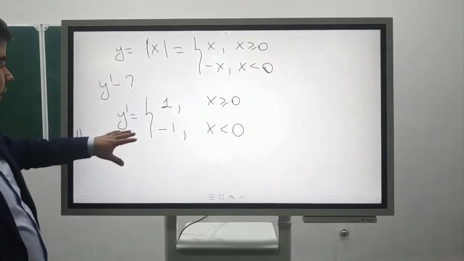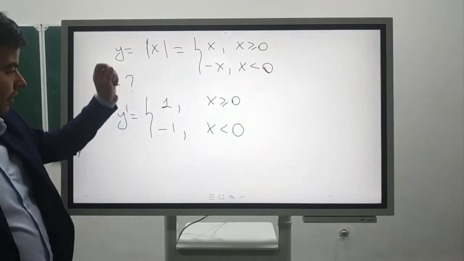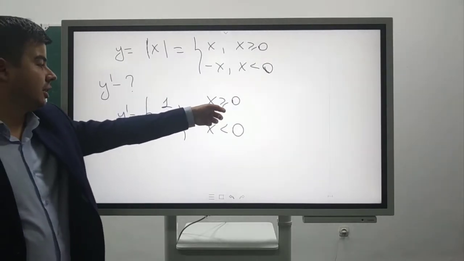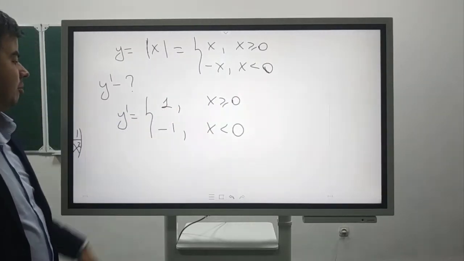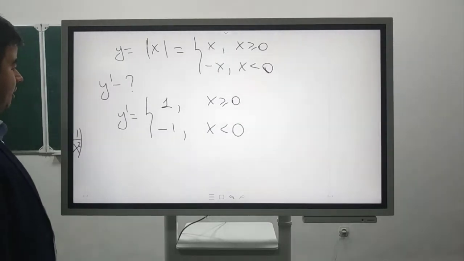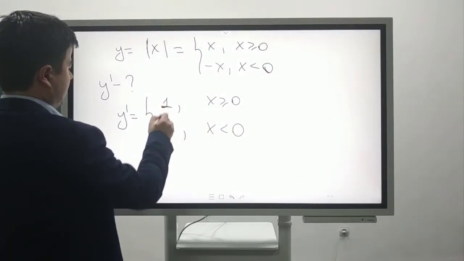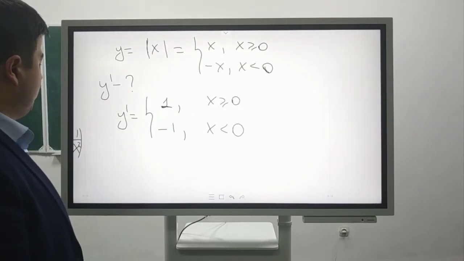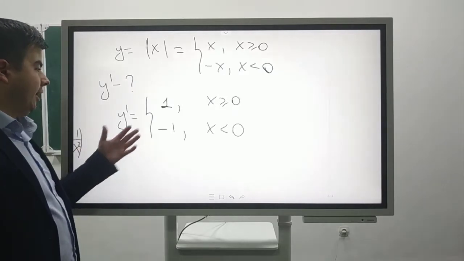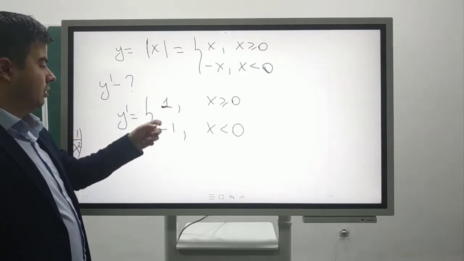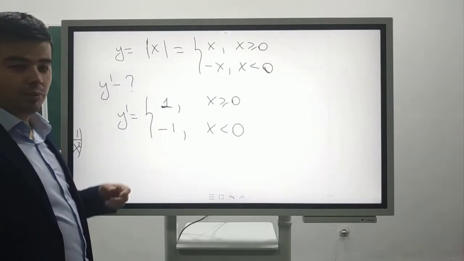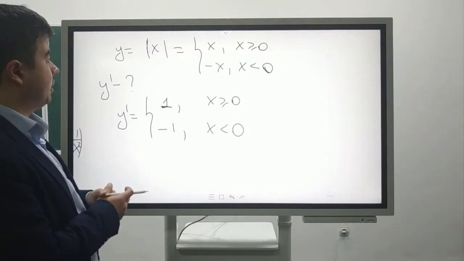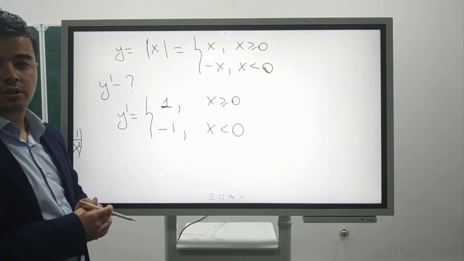Here we get the signum of x because we have minus 1. If it is 0, it is 0; if it is greater than 0, it is 1; if it is less than 0, it is minus 1. We can see here we have right-side derivative 1 and left-side derivative minus 1, so they are not equal. So it means it hasn't a derivative.